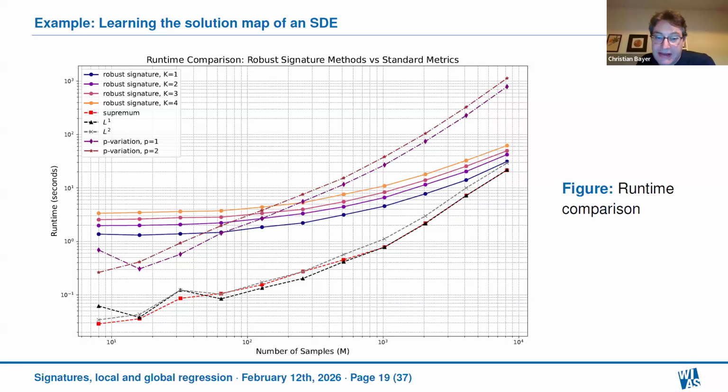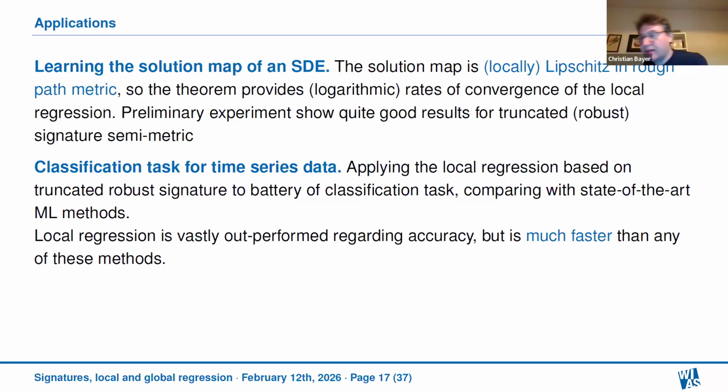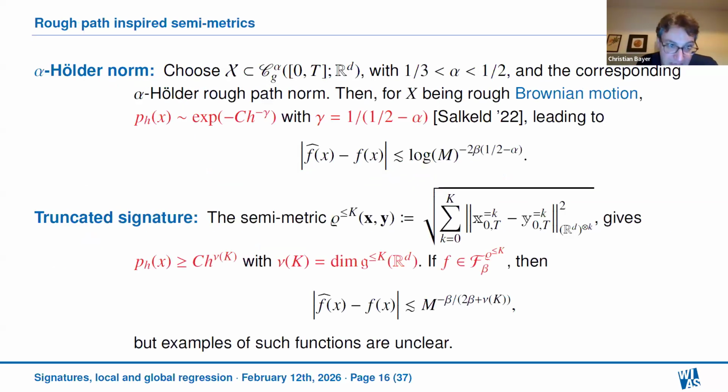The bottom line from the examples, and this is just one example, we also applied it to one of the standard collections of data sets for classification tasks for time series. Basically, it's a similar outcome. So the bottom line is, for the alpha Hölder norm, we have provable bounds, but the performance is not so great.